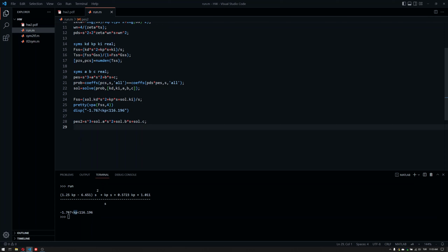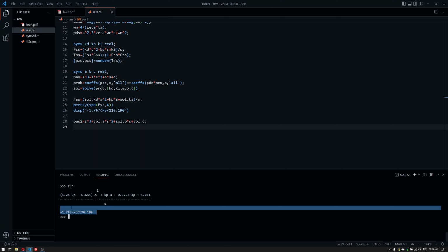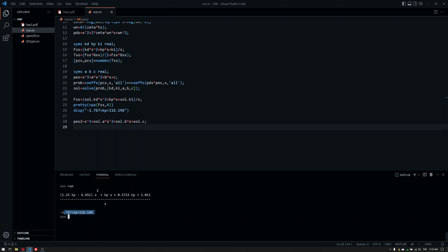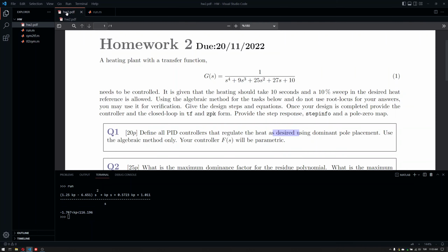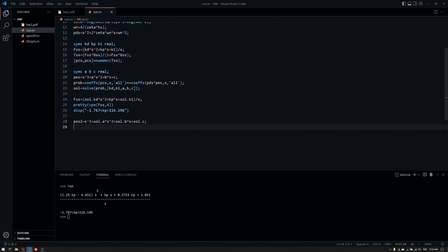So technically speaking, this wouldn't be enough. But of course, in terms of the homework, I'm just looking for this here, and maybe if you have provided the stability interval. But the stability interval doesn't guarantee that we will get 10% overshoot and 10 seconds of settling time for the system. Not all the PID controllers in this interval have this property, so they do not actually satisfy the requirements here.